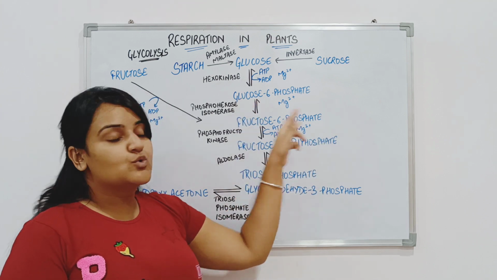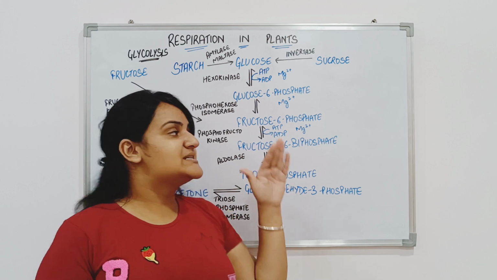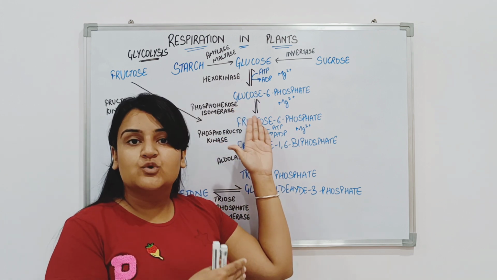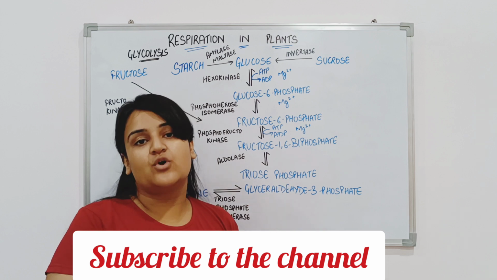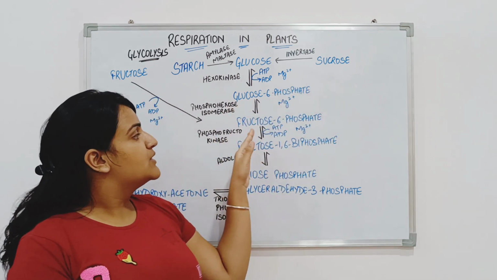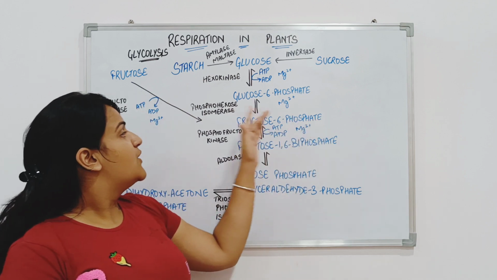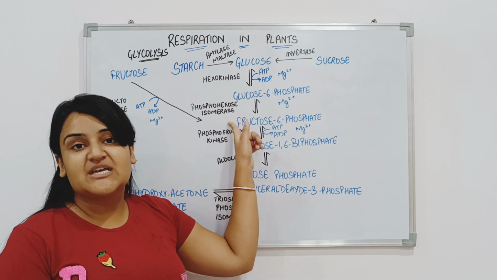Now this glucose 6-phosphate will change its shape. From glucose it will form fructose, which is actually an isomer of glucose. So glucose 6-phosphate will form fructose 6-phosphate with the help of the enzyme phosphohexose isomerase.